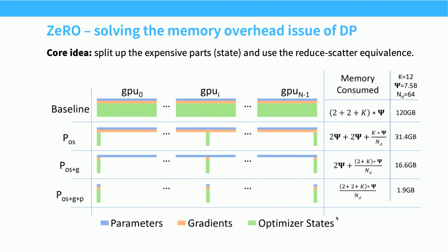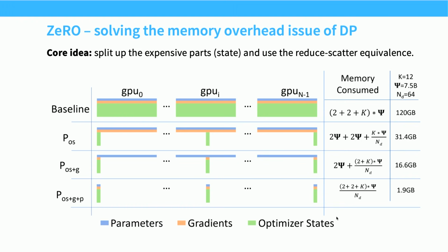If we shard other parts of what we need to track, that would also be big savings. Maybe we can also shard the gradients onto different GPUs, or in the extreme, shard everything across different accelerators. Then you can see that the implied memory gains on the very right would be quite dramatic as we go all the way down from 120 to 1.9.